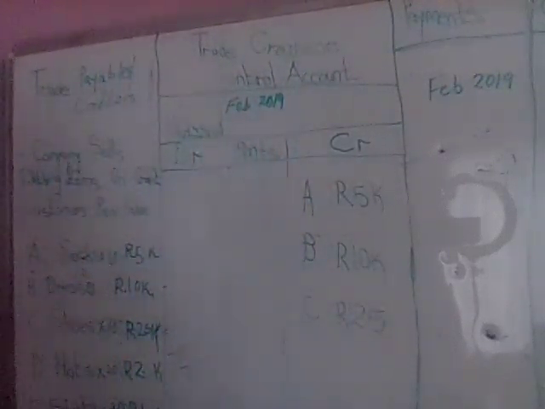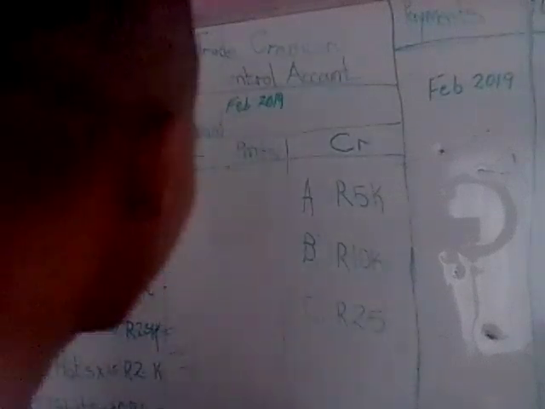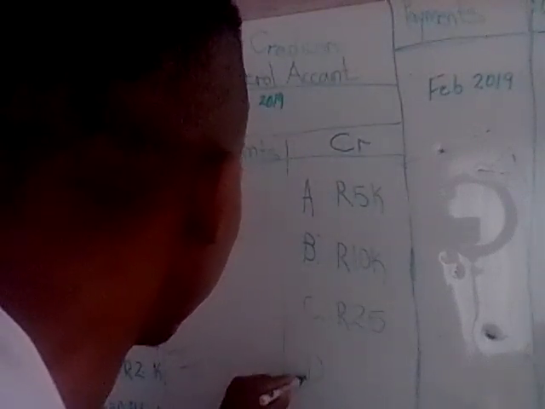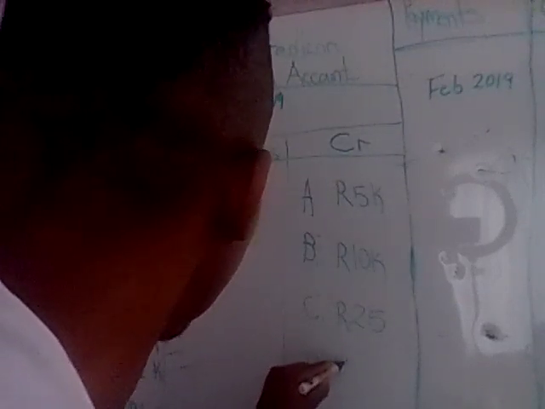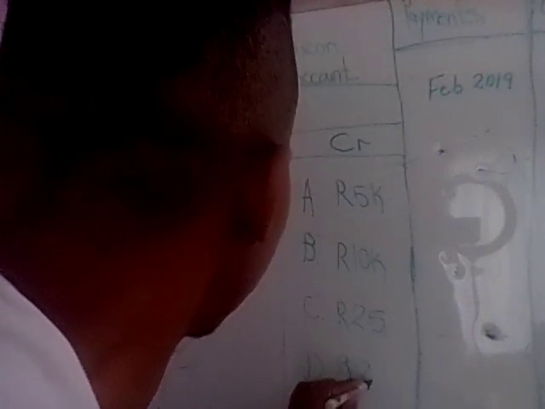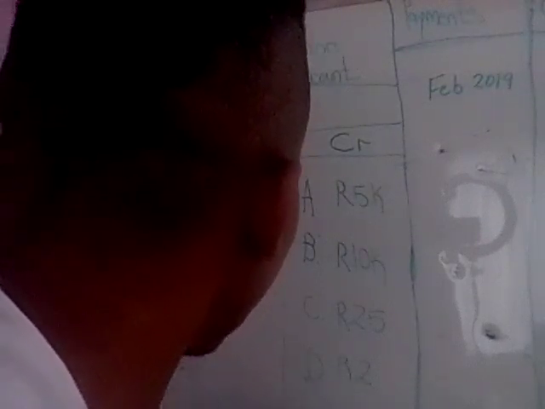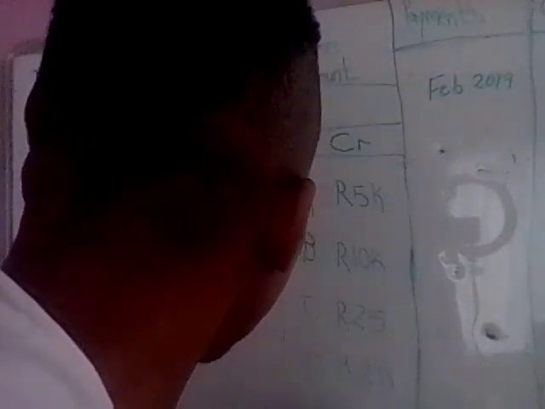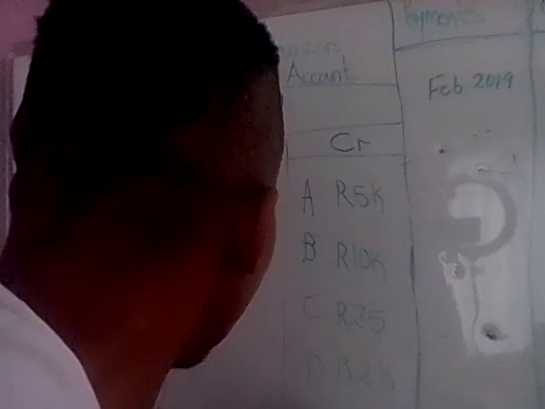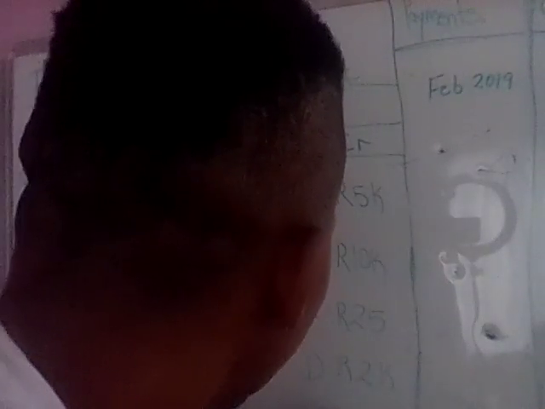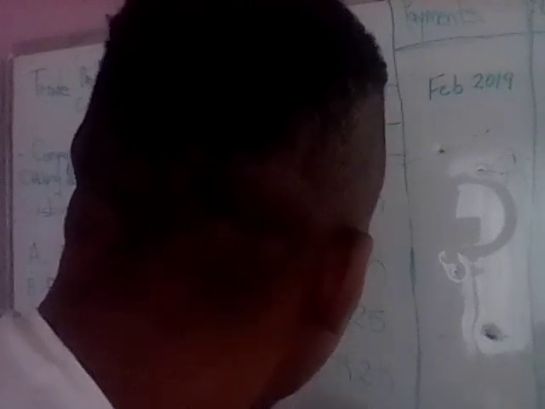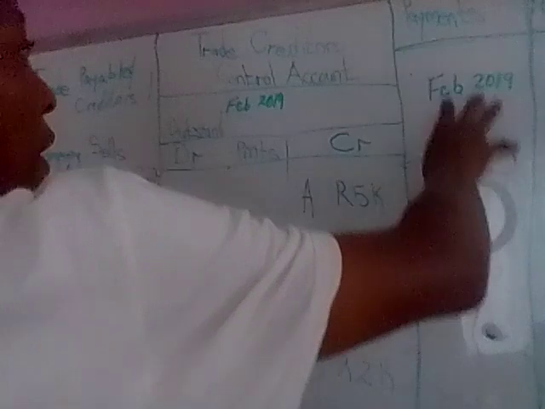And for D, we would have had to recognize a liability of 2,000 rands for the hats that we took. And lastly, for E, we would have had to recognize a 1,000 rands liability for the shirts that we took on credit.